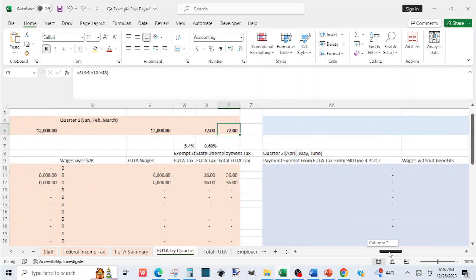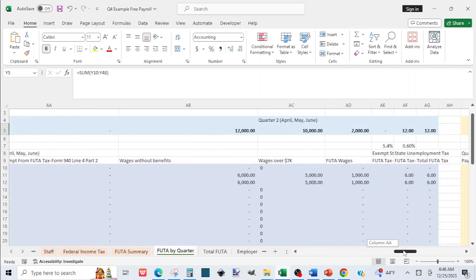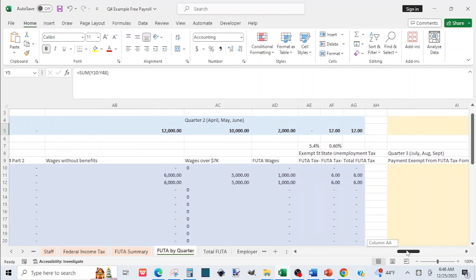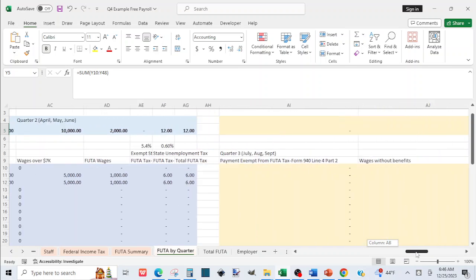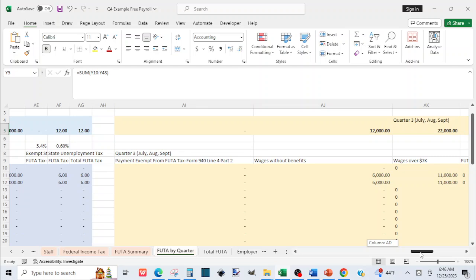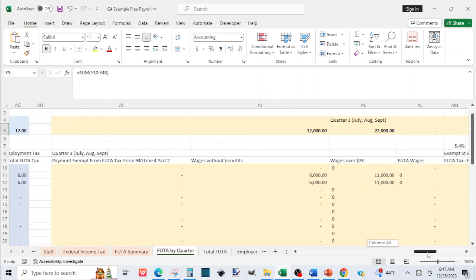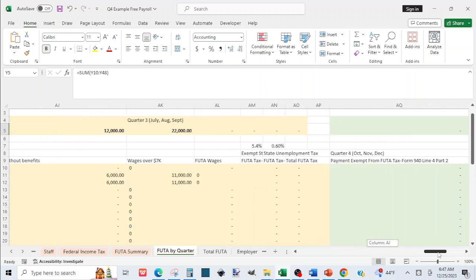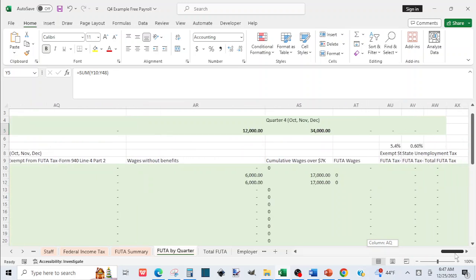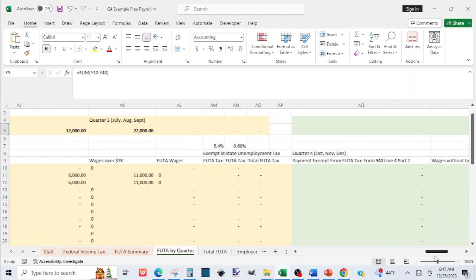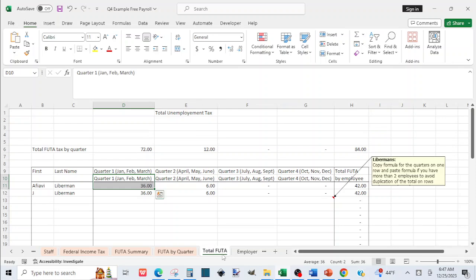So if you see the first quarter has 72 for tax liability, the second one has 12, and that 7,000 was exhausted. So quarter 3 didn't have anything, quarter 4 didn't have anything. And I think, let me see, total FUTA. Yeah, this one is pretty much helping do that.